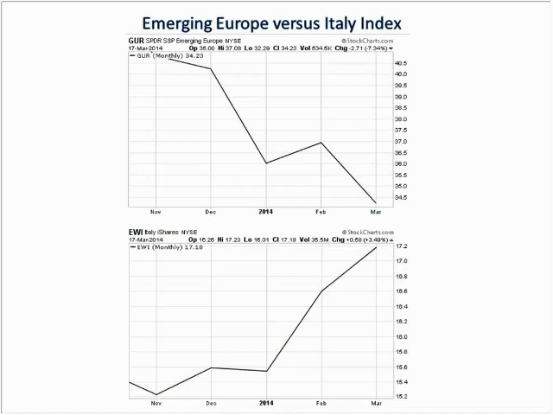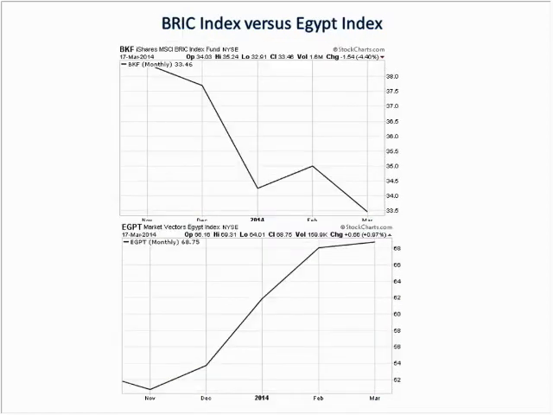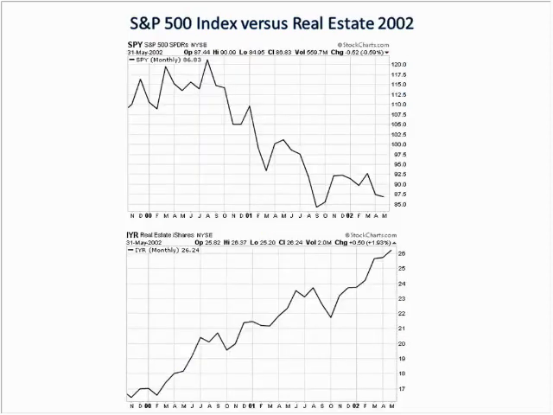Here's emerging Europe ETF in a downtrend, iShares Italy in an uptrend, China A shares downtrend, clean energy portfolio uptrend. So there's a lot of bullish and bearish opportunities using ETFs.